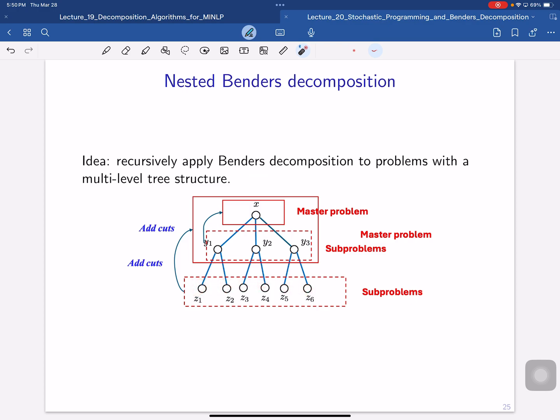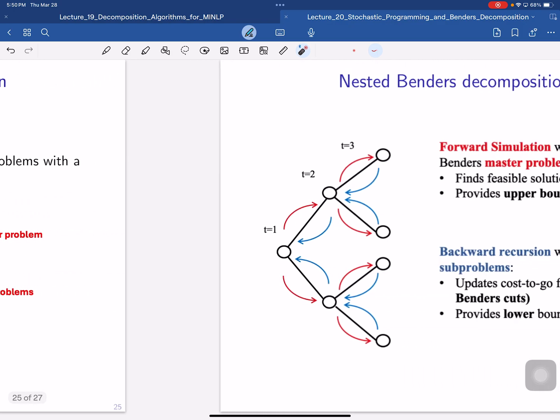But then you realize that this master problem can be decomposed again by x and y variables. So you will decompose it again. Nested Benders is a way of recursively applying Benders decomposition. I will just give you a reference if you are curious about that.